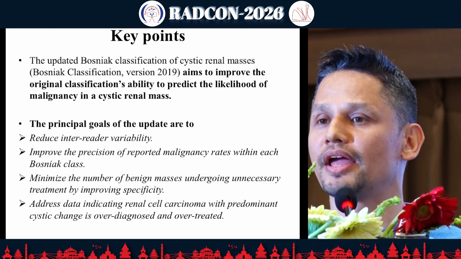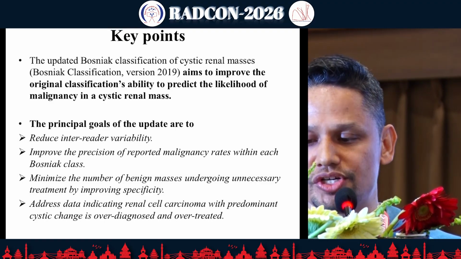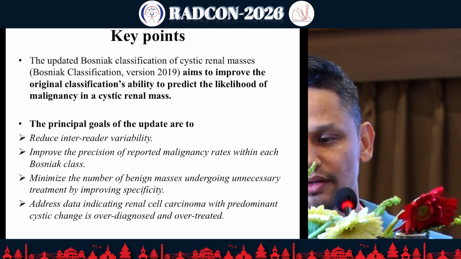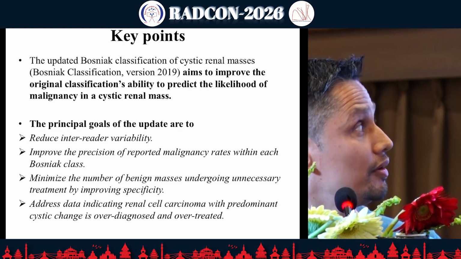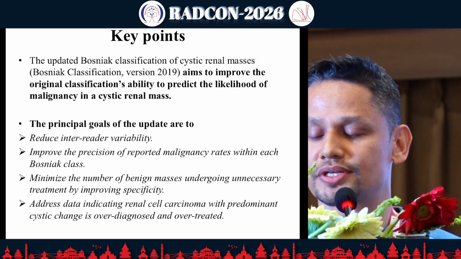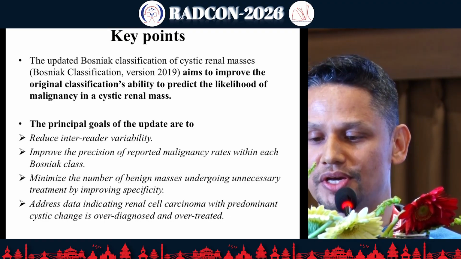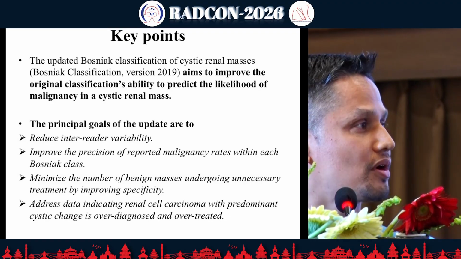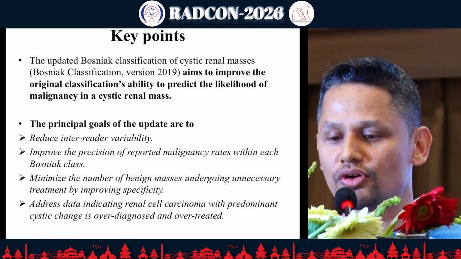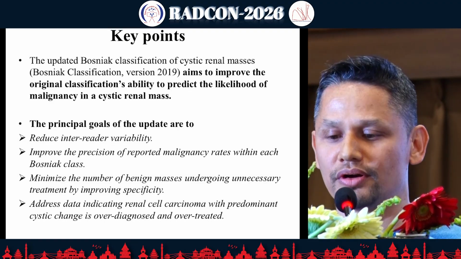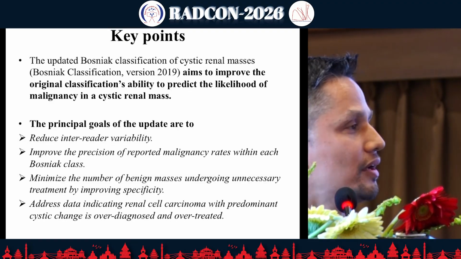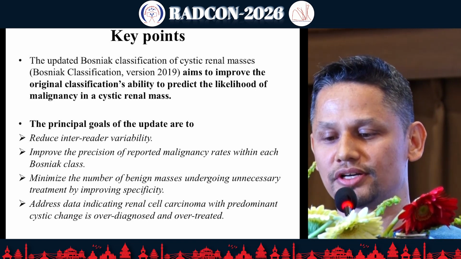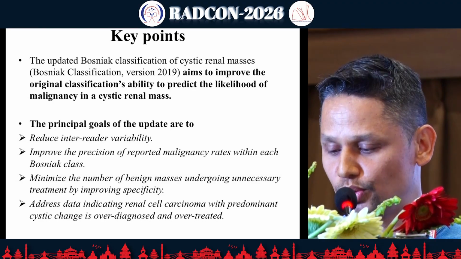We minimize the number of benign masses undergoing unnecessary treatment by improving specificity, and this 2019 version formally incorporates MR into the classification. It defines individual imaging features and Bosniak classes. It incorporates a larger proportion of renal masses encountered in clinical practice that are incompletely characterized but highly likely benign cysts, and it enables a greater proportion of masses to be placed into lower Bosniak classes.